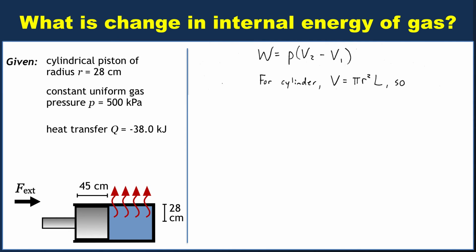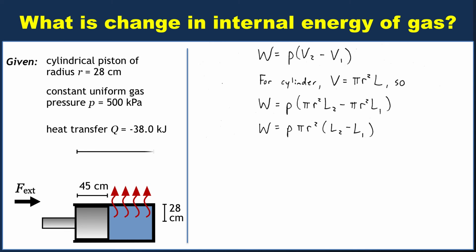So if we move this up, we can put in subscripts on L to reflect that, substituting in that expression for the volume. So the work is now the pressure times the difference in volumes written in terms of R and L. We can pull out the pi r squared. Now we just need to figure out what L2 and L1 are. The easiest way to do this is actually to draw out the initial length and the final length of the piston.